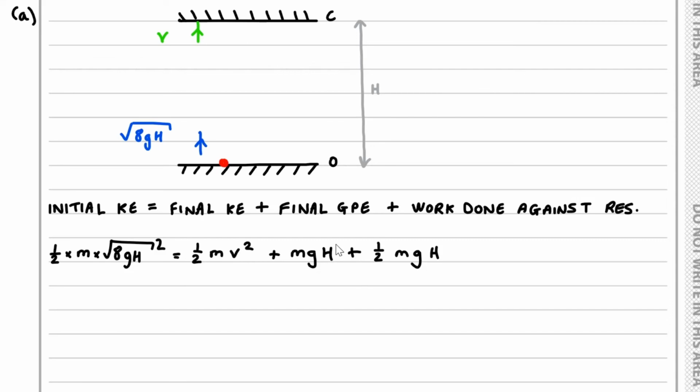So the first thing we can do is cancel the m's out, and if we tidy what we have on the left hand side, we have 1/2 multiplied by 8gh, because we've got square root of 8gh squared, and this is equal to 1/2 v squared plus gh plus 1/2 gh.